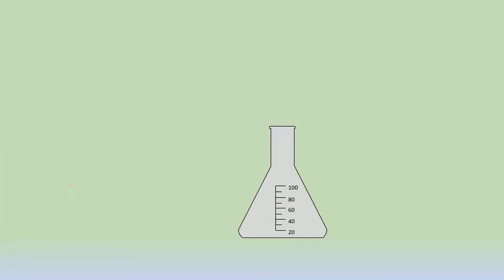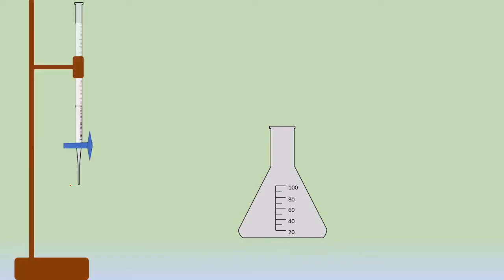First of all, in the lab, we are going to carry out this reaction in a conical flask. So you will take any 100 ml conical flask. The ethyl benzoate that we are going to use in the reaction will be given to you in a burette. We will make the assembly like this.